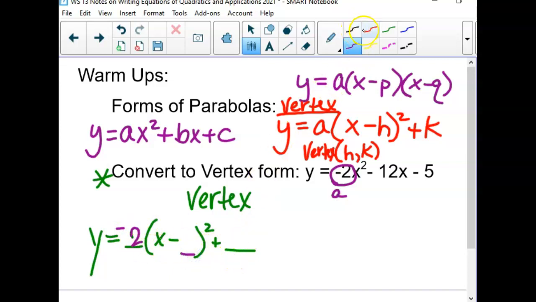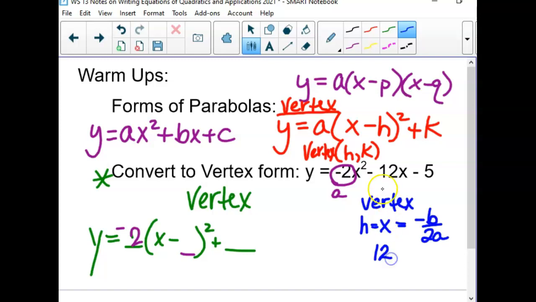Does anybody remember the vertex finder recipe? Yes, -b over 2a. And this can say h or x. It's the x value of the vertex, or it's the axis of symmetry. So we need -b over 2a from right up here. The opposite of our b, anybody? 12, everybody good?